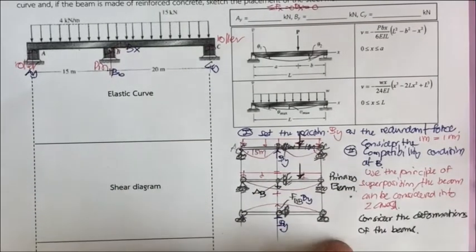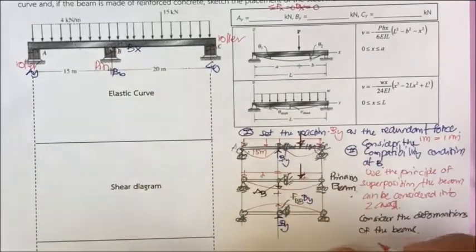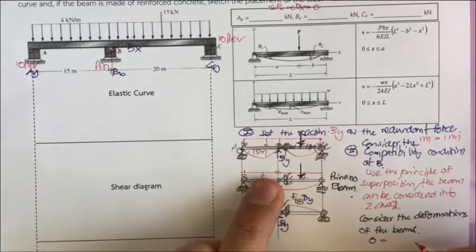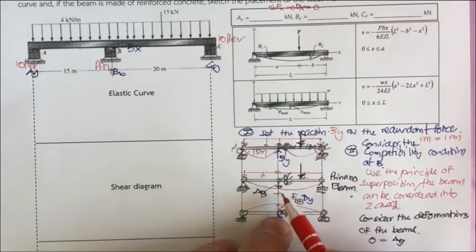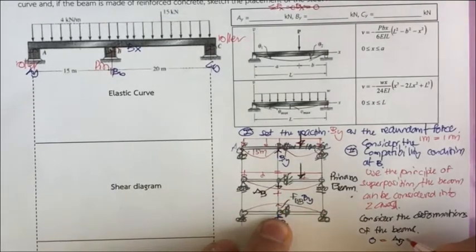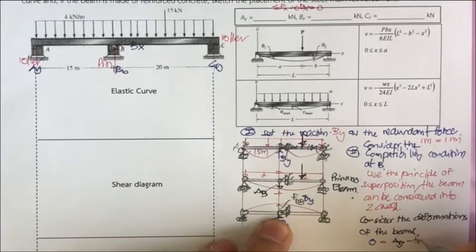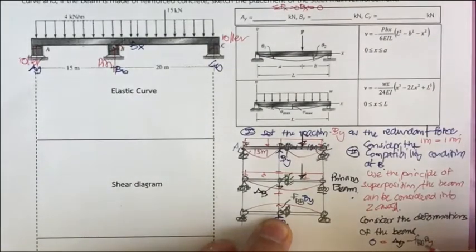When you consider the deformation of the beam, we get 0 equal to delta B, and then the direction of the vertical displacement is opposite, so minus f sub BB times B sub y.